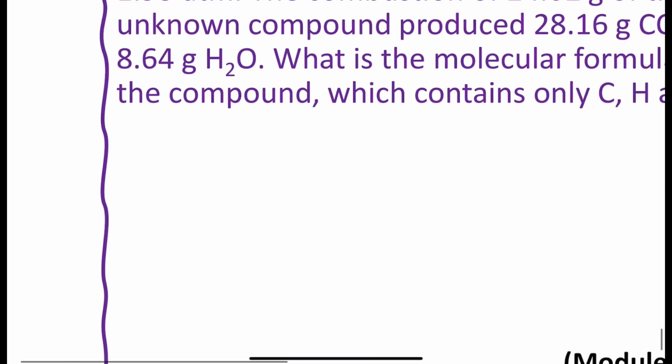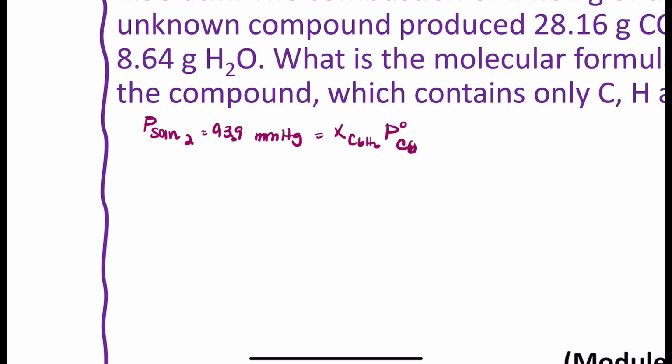Doing what we just did, P of my solution 2 is 93.9 millimeters of mercury. This equals the mole fraction of benzene times the partial pressure of benzene plus the mole fraction of toluene times the partial pressure of toluene.